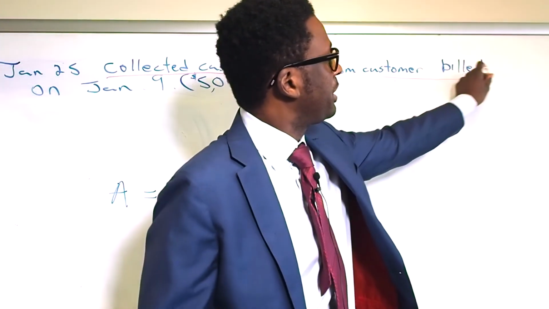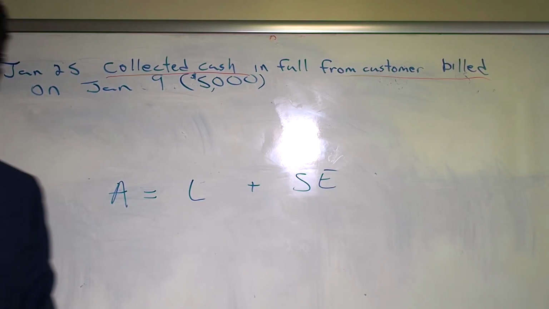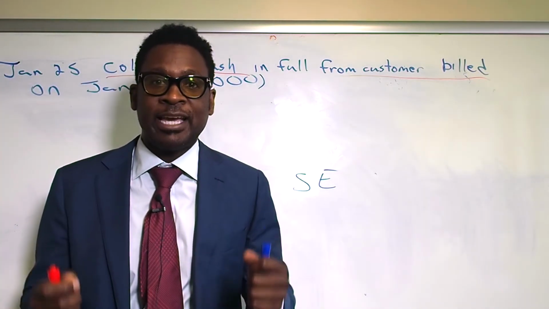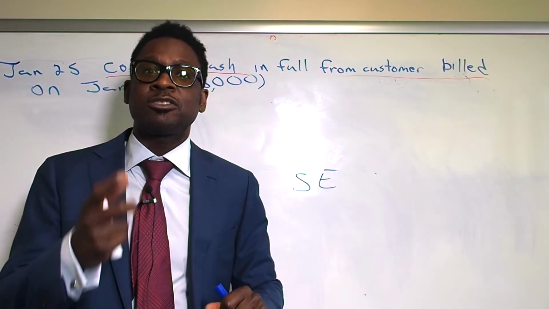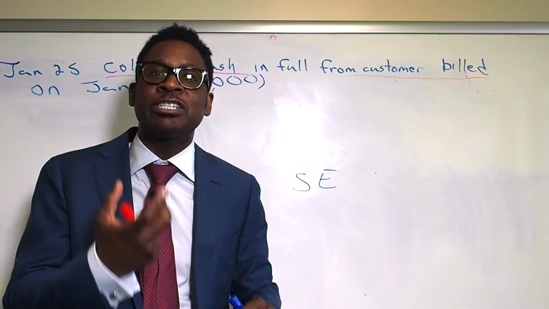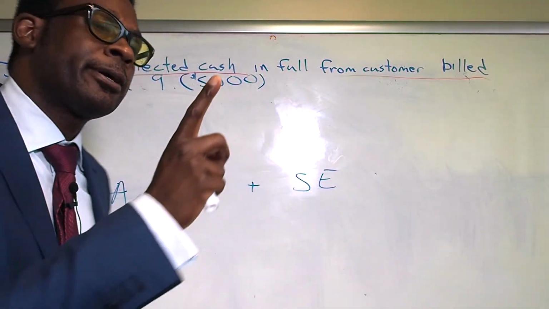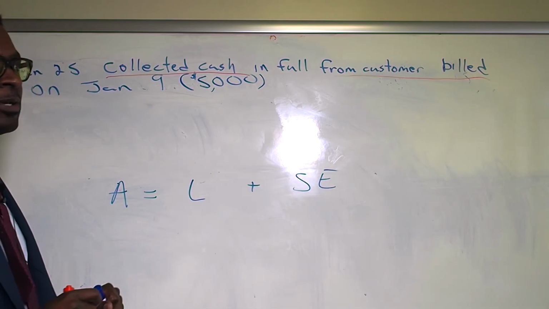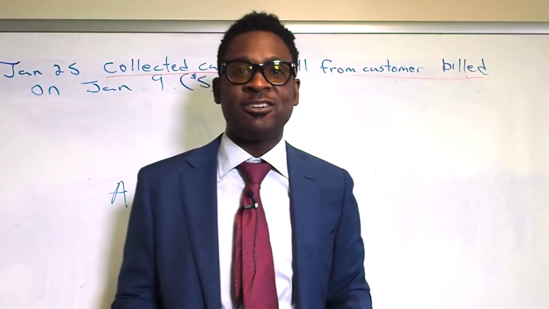from customer billed, right? So what accounts are affected? Well, obviously we collected cash, so cash is going up in the company and cash is an asset, so our assets are increasing by $5,000. But what about the account receivable that we had, gang? That previous accounts receivable, we've collected on this account.